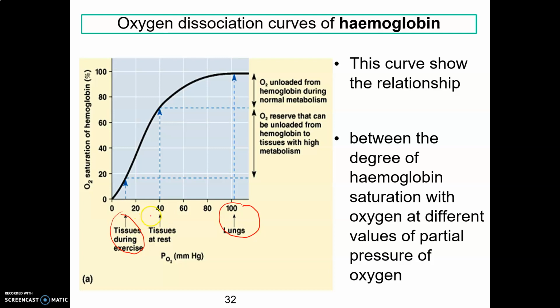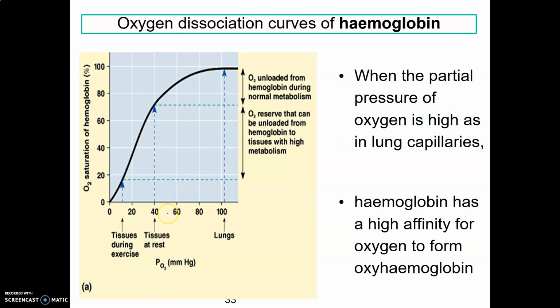Okay, cuma you boleh nampak dia ni more sikit daripada tissue during exercise. Sebab tissue at rest dia tak buat apa-apa. Dia tidak memerlukan oksigen banyak. Maksudnya oksigen tu masih ada agak banyak berbanding dengan tissue during exercise. But itulah dia dekat around 40 mmHg. Okay. Yang penting y-axis adalah oxygen saturation, x-axis adalah partial pressure of oxygen.